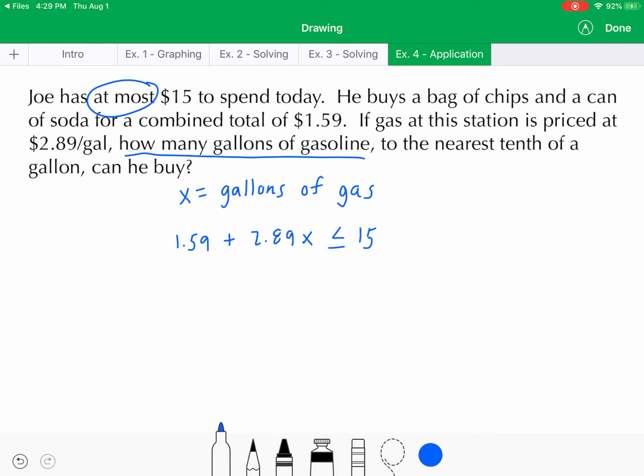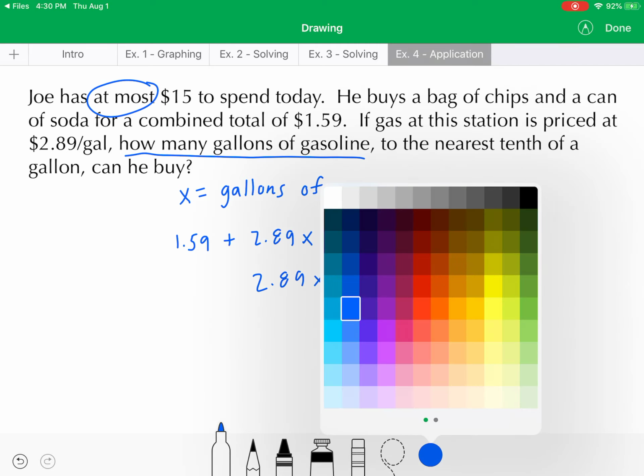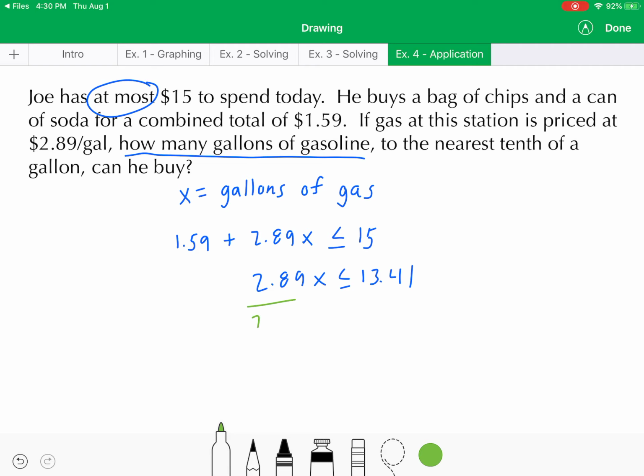Okay, so let's solve here. Subtract the 1.59 over. 2.89x is less than or equal to 13.49 (13.41). Then you can divide over your 2.89.